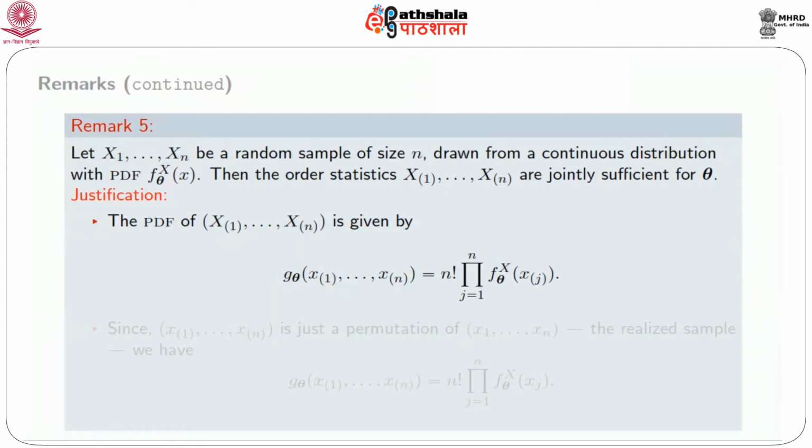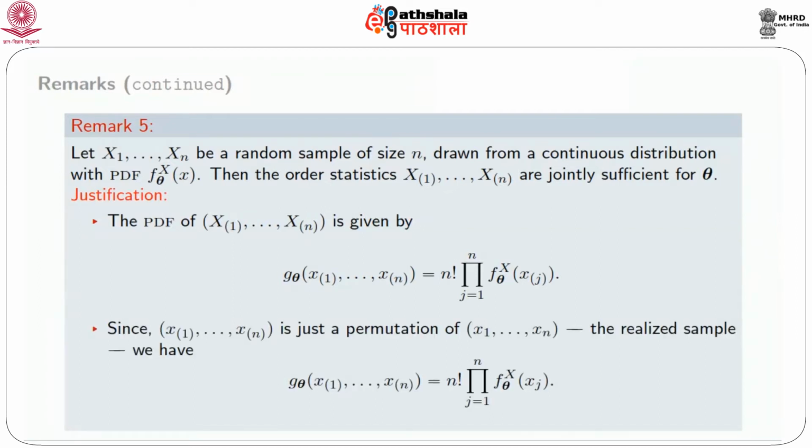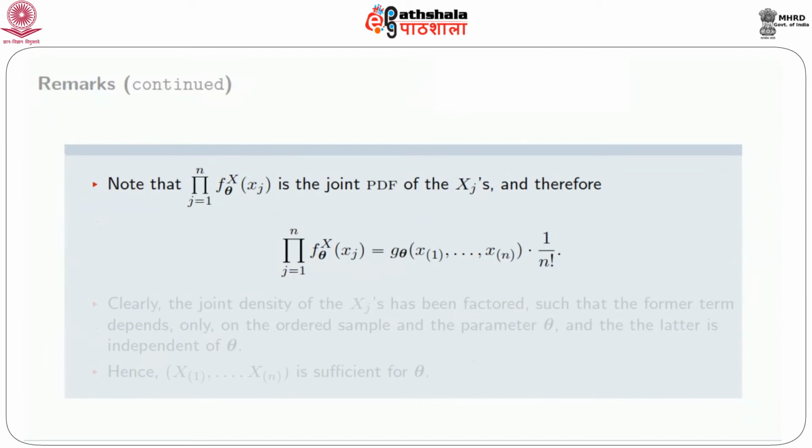To justify this statement, the PDF of X1, X2, ..., Xn can be written as some g theta(x1, x2, ..., xn) equals to n factorial into product j from 1 to n of f theta(x(j)), f theta(xj), and thus we get the joint PDF of X(1) to X(n) as g theta(x(1), ..., x(n)) equals to n factorial into product over j from 1 to n of f theta(xj).